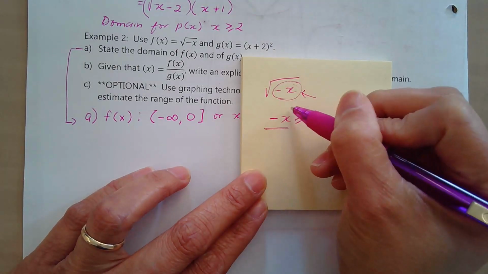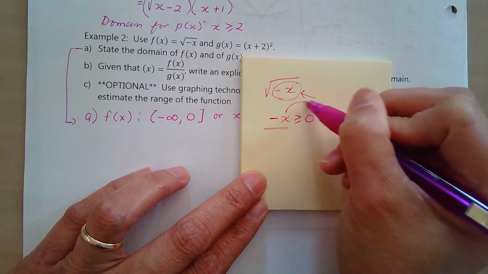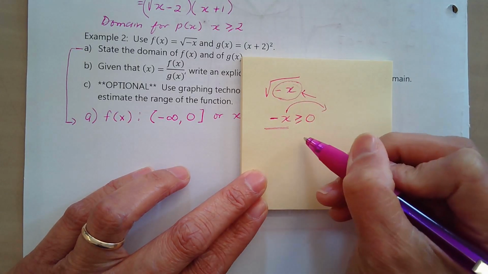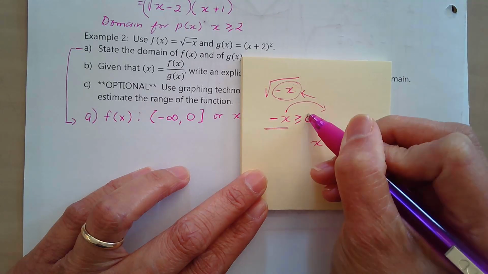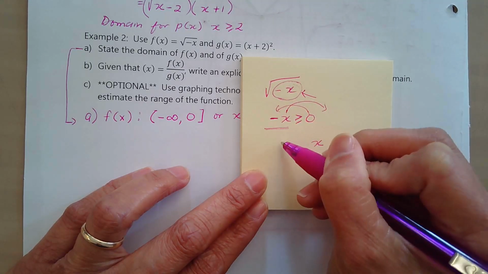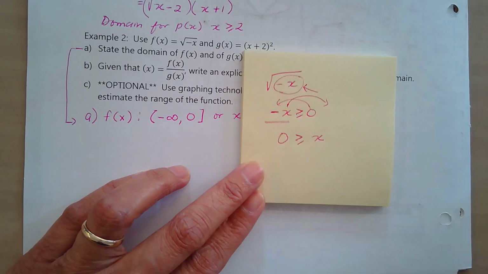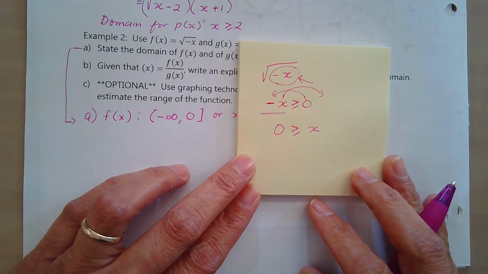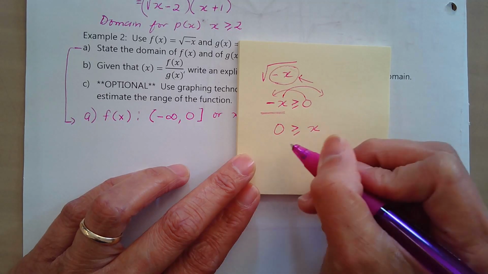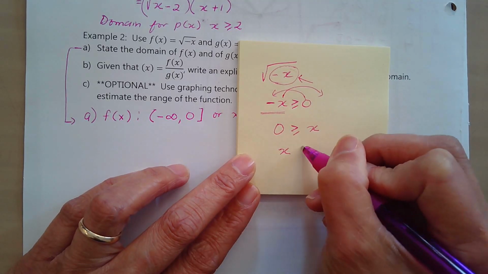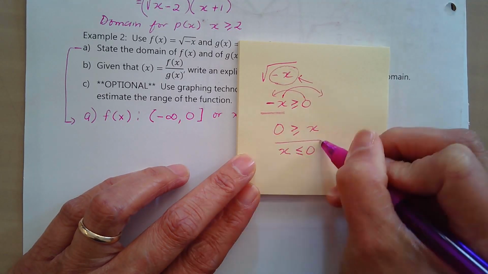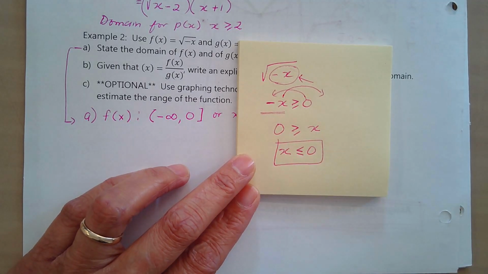Or, when you think about this, if I bring this over here, that becomes x. If I bring the 0 over there, which is really still going to be 0, the inequality becomes that.